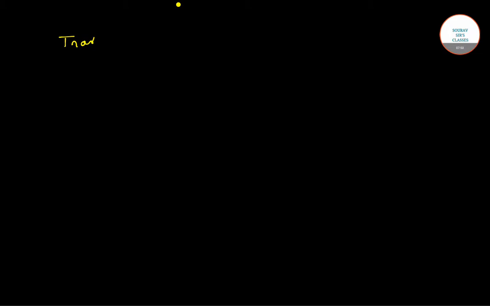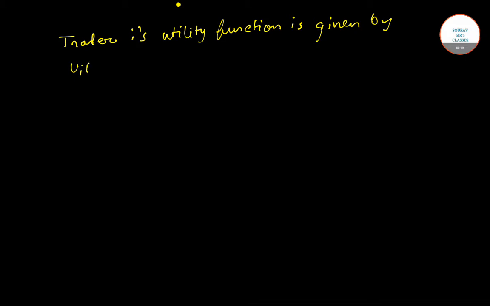For this question we know trader i's utility function is given by ui di plus mi, where di belongs to 0 or 1.